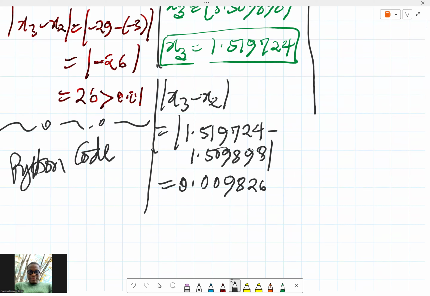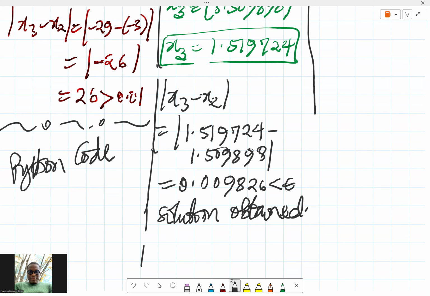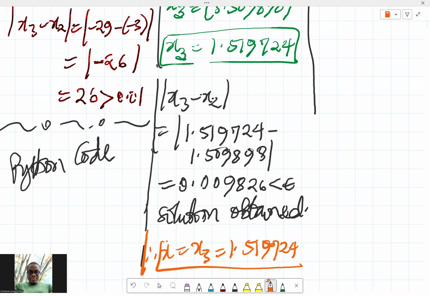No matter how small, it is still less than epsilon. So we can say solution obtained, and that solution is x3. Therefore x is equal to x3, which is 1.519724. That's the solution to the problem as far as this expression is concerned.